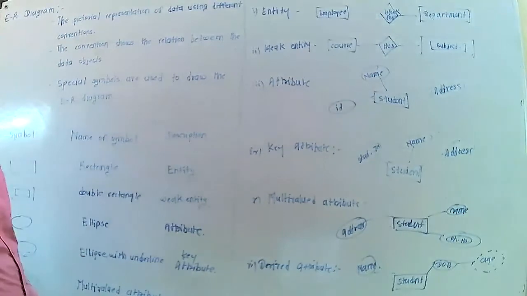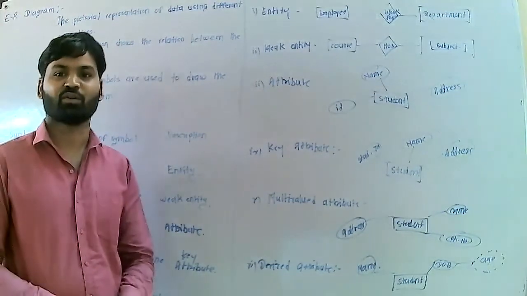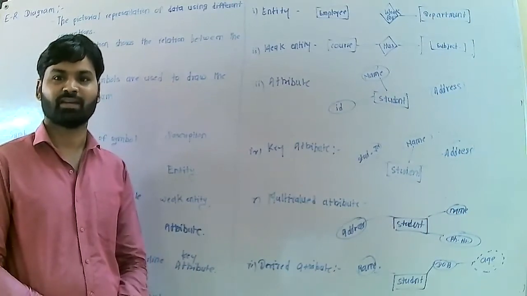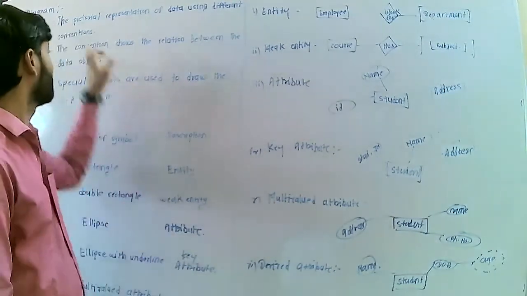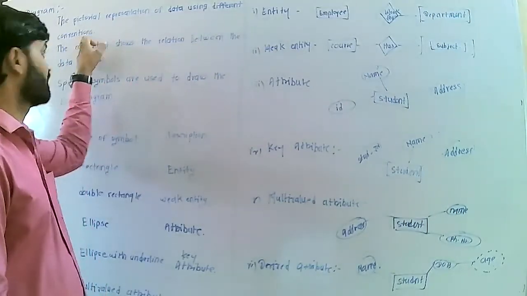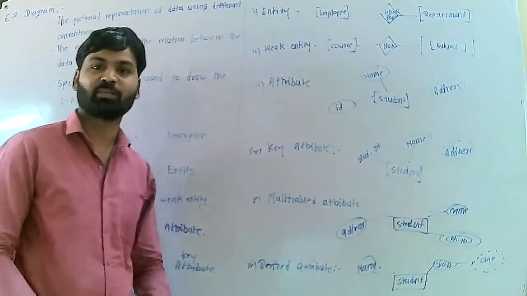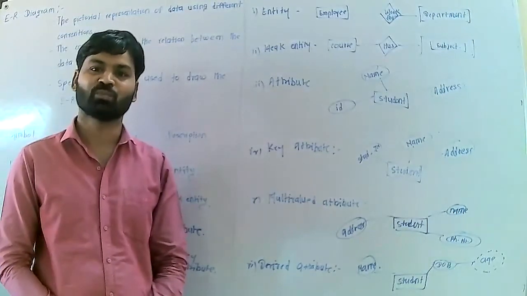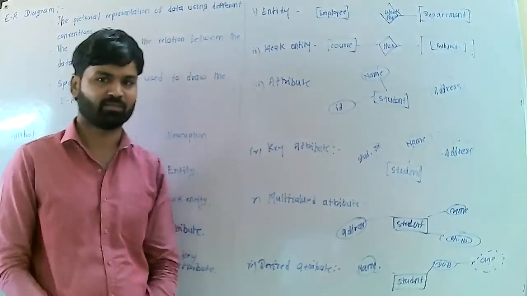ER diagram is the pictorial or diagrammatical representation of your entities. The pictorial representation of data using different conventions. We have to use different symbols or conventions to draw the ER diagram.